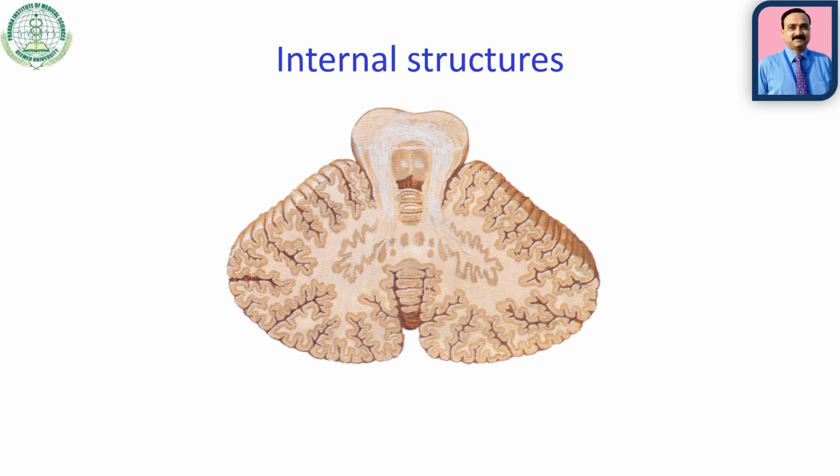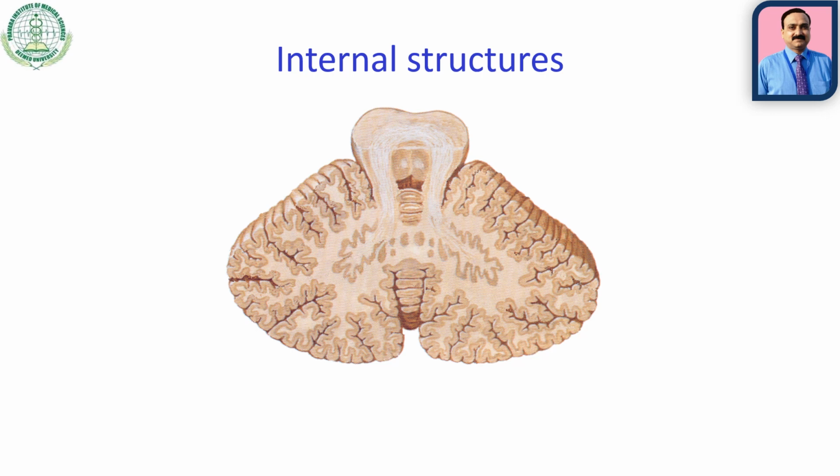In a larger view, we can make out this one is the dentate nucleus. Then this is called as emboliformis. These two are globosus and this one is fastigi. The globosus and emboliformis together are called as nucleus interpositus.